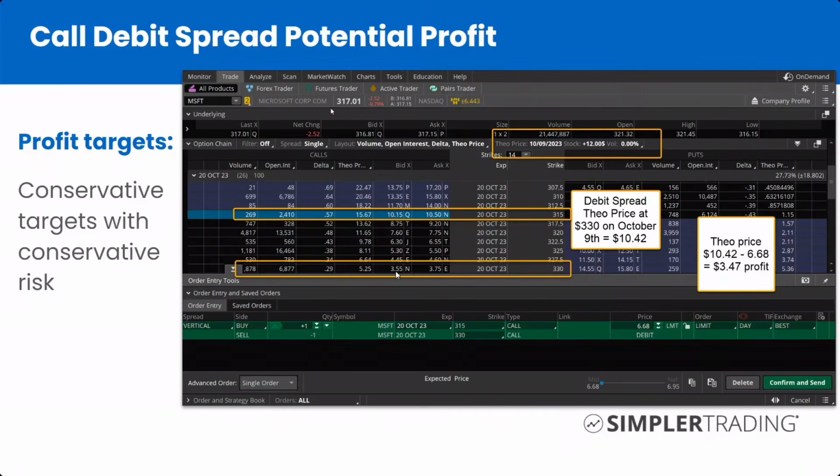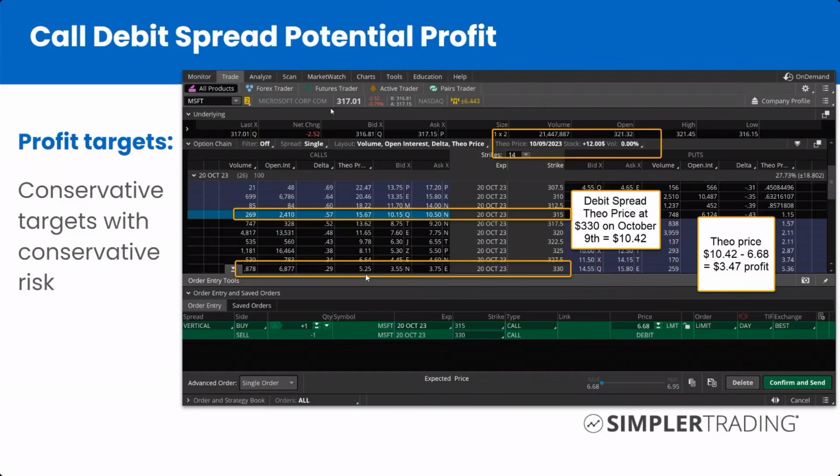Well, I sold those for between 3.55 and 3.75. They'd actually go up in value. They're going up to 5.25. That's because I'm setting this Theo price tool to a good time frame before that expiration date. So when you have this other leg that is still so far from expiration, it's not going to be decaying like you want it to. So that one's actually going against me in this example.